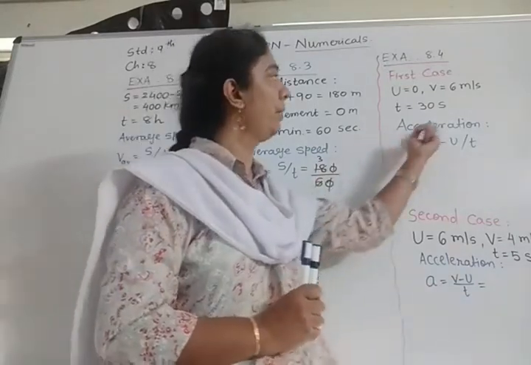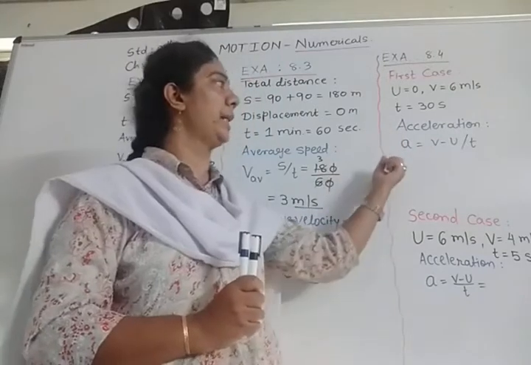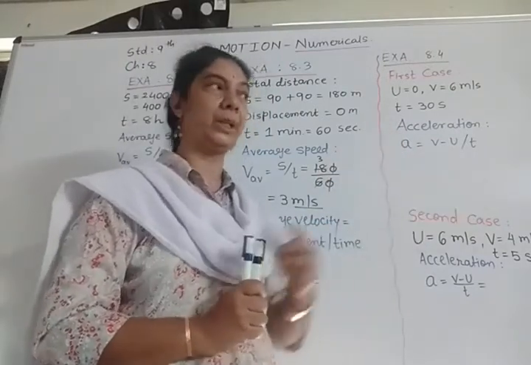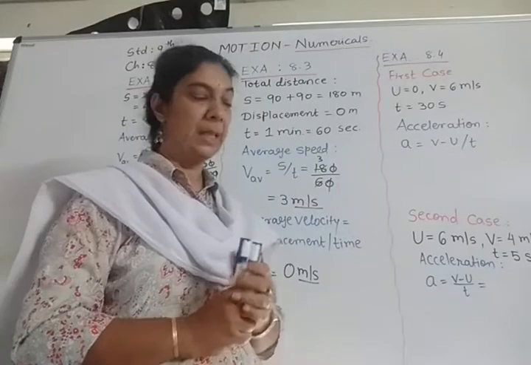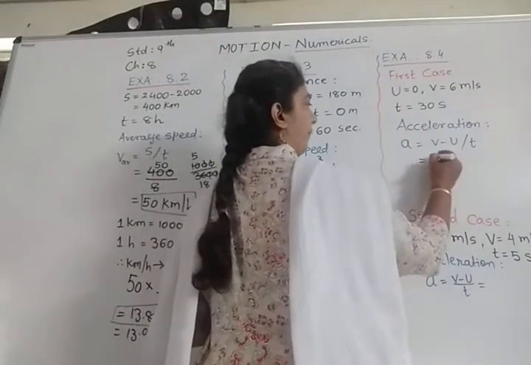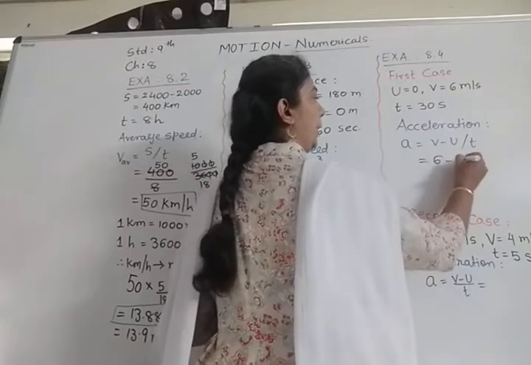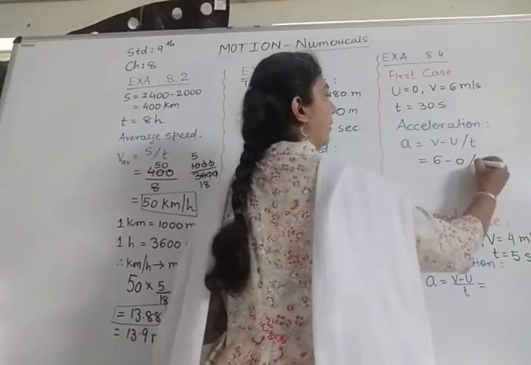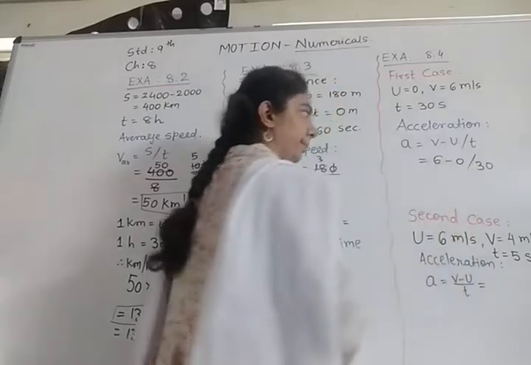Now we have the formula of acceleration, that a equals v minus u by t. Substitute the values. v is 6, u is 0, and time is given as 30 seconds.